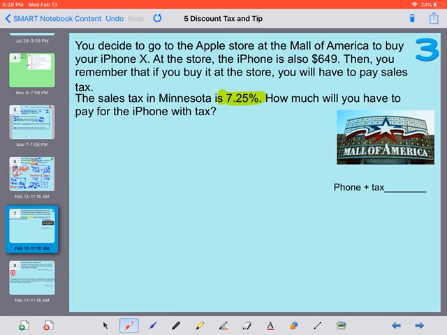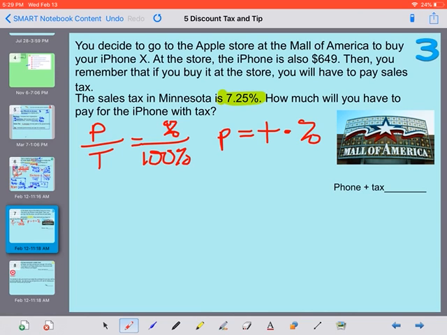You can set up a proportion, part out of total, times your percent out of 100%, or you can set up your percent equation. I'm going to use a percent equation for this one. We want to know what our sales tax is. We know the percent, but we need to convert it to a decimal. So if we divide by 100%, that will give us 0.0725.